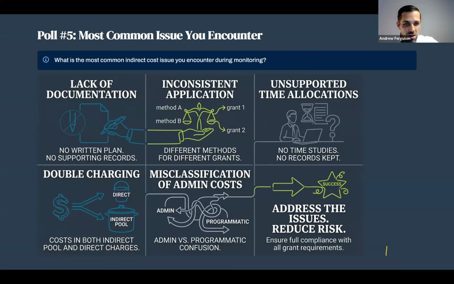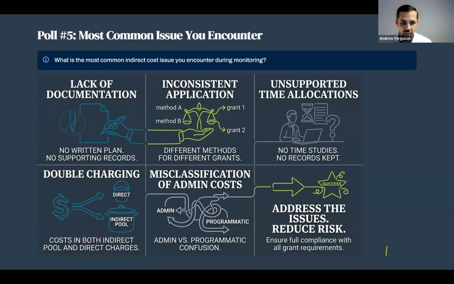Looks like we have most of the responses in. The question again: what is the most common indirect cost issue you encounter during monitoring?